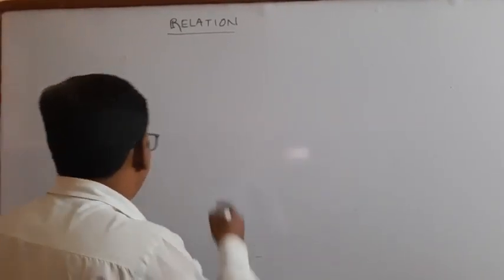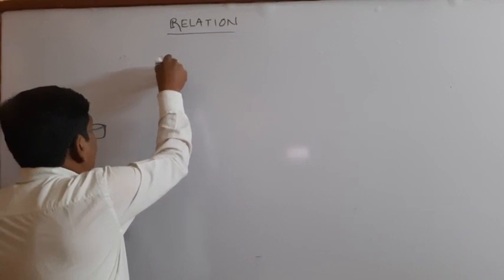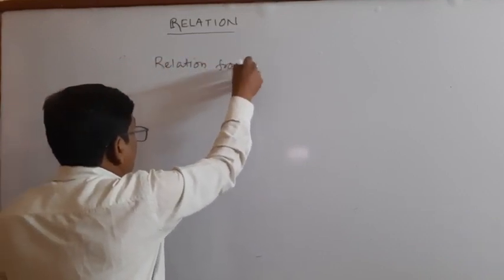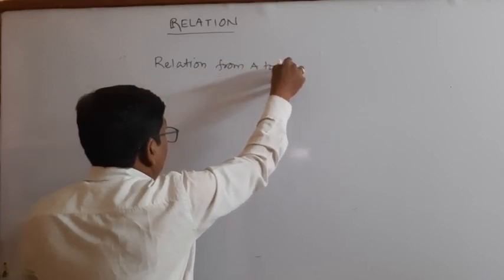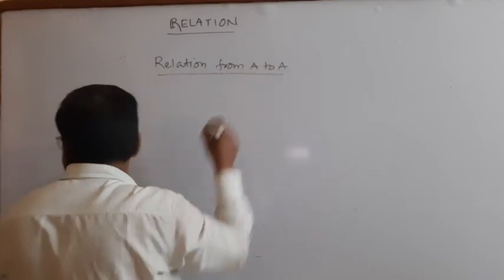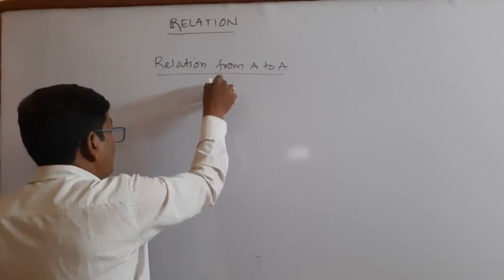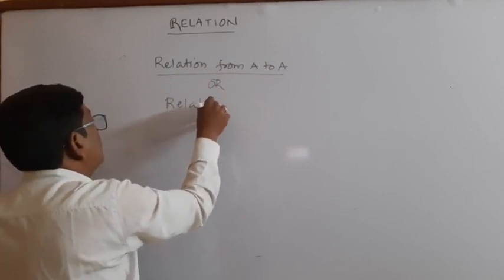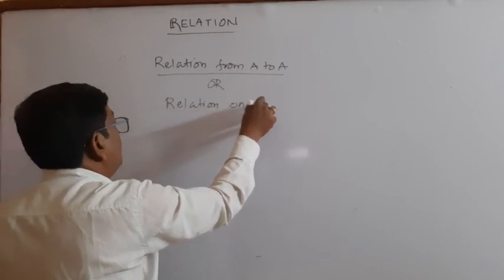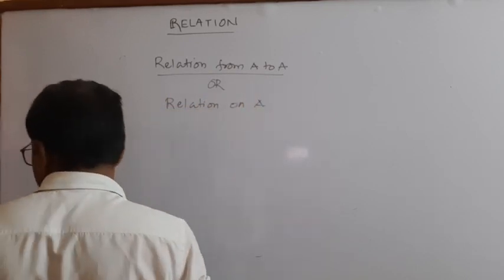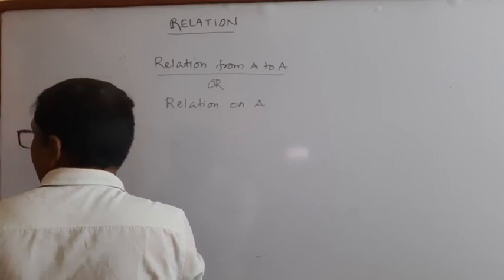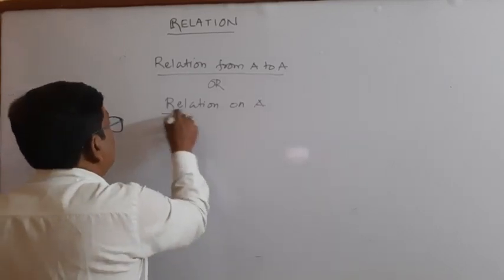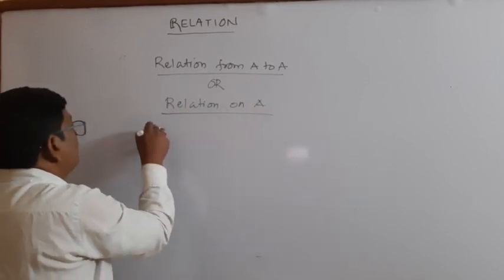Now, relation from A to A. A relation from A to A is equivalent to saying a relation on A. What is a relation on A?